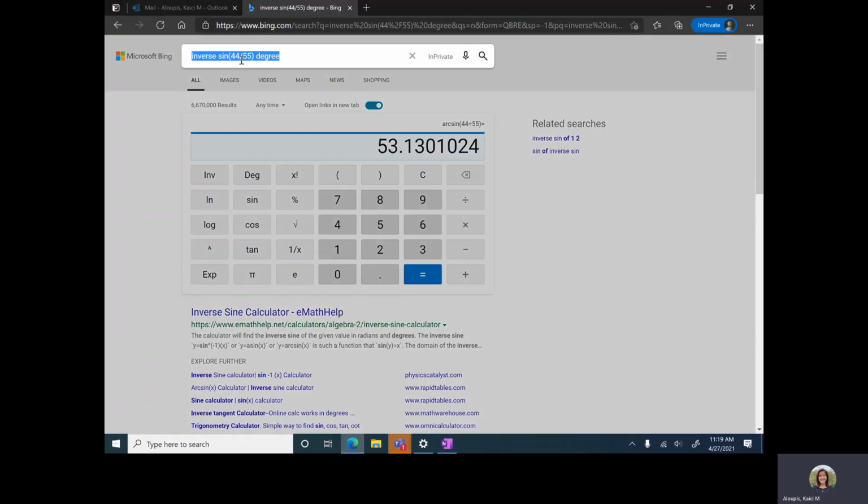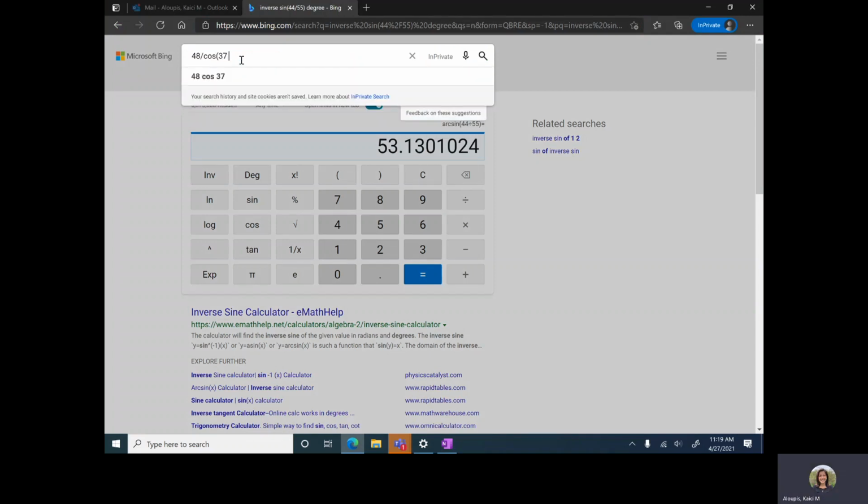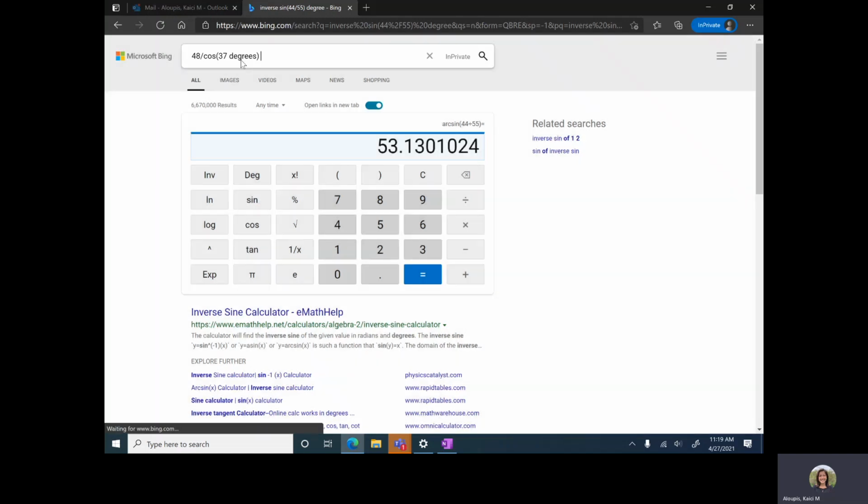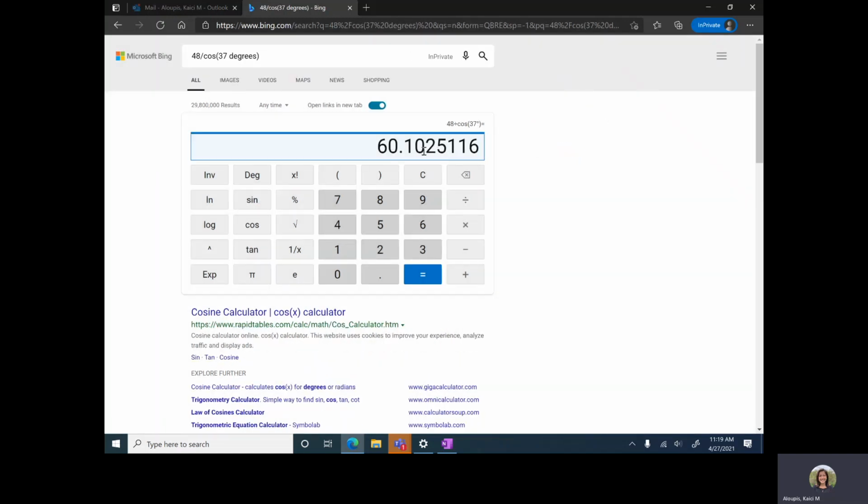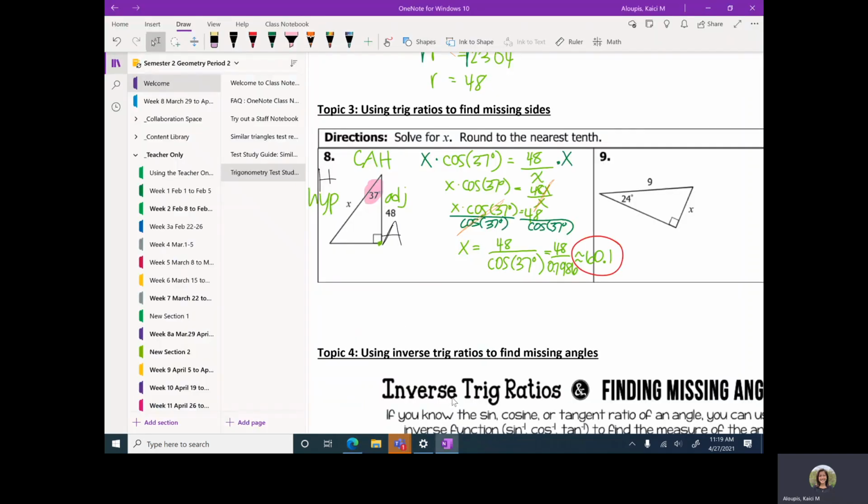I'm going to write that right here. 48 divided by cosine 37, and I'm going to write the word degrees because there are multiple ways to measure angles, and we are caring about degrees. So I am writing degrees, and I am telling you to write degrees when you do this in your calculator online. And there you go, 60.1 degrees. Cool. So that's how we do number 8.